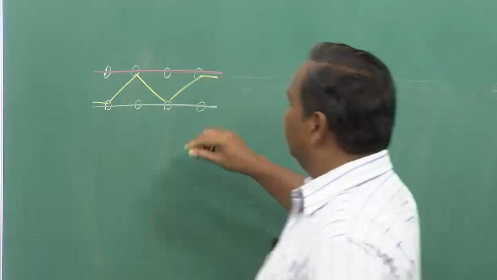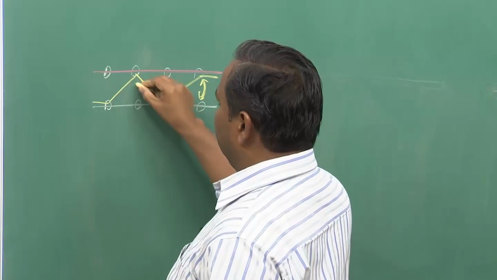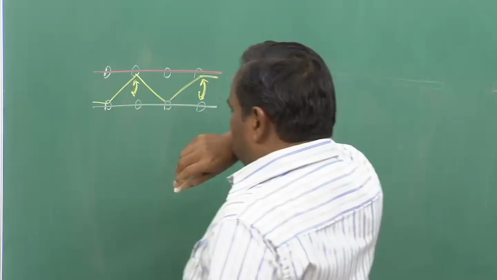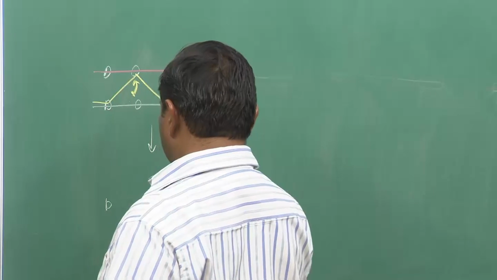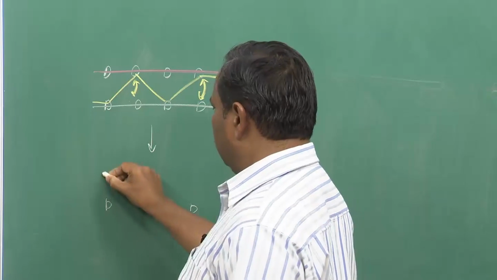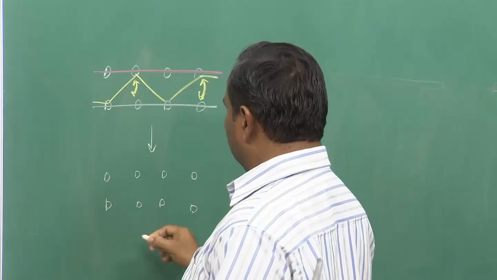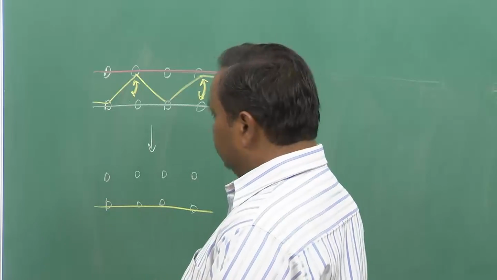So, let us do that. Then I need a straight line, which means I have to do this swap also. Once I do this, the yellow is a straight line, so I am keeping it here.